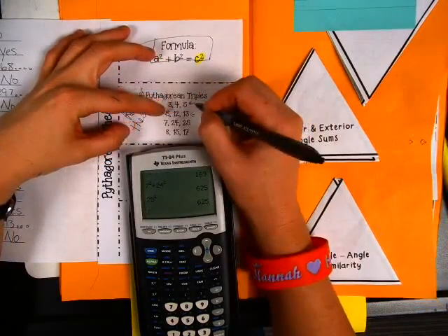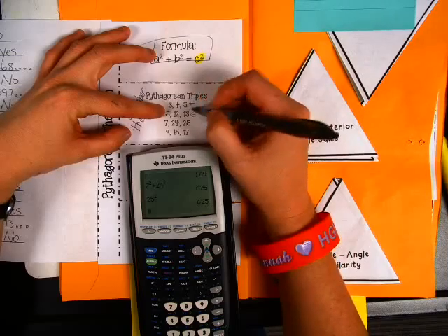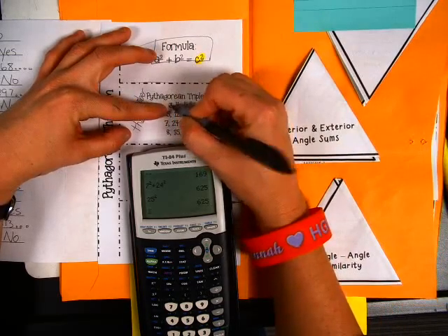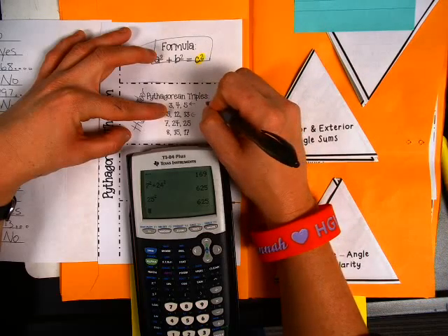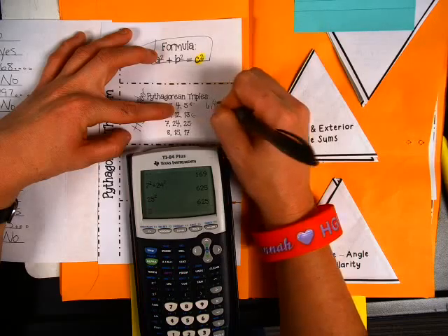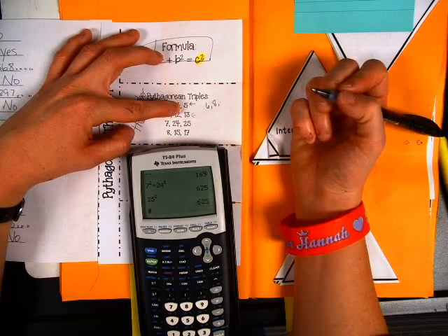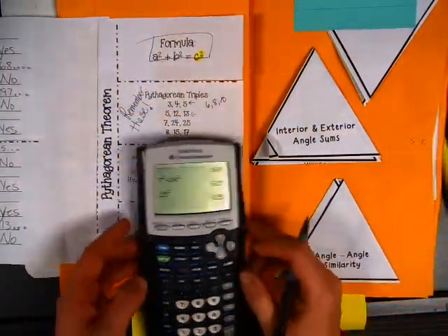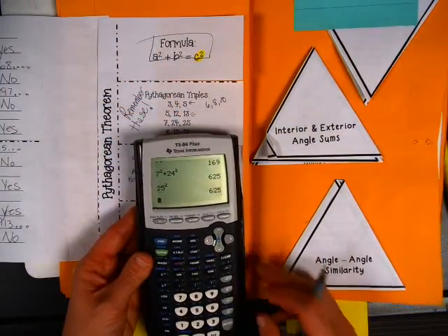You can also do multiples of these. So if I were to multiply each one of these by 2, like 3 times 2 is 6, and then 4 times 2 is 8, and 5 times 2 is 10, that's also a Pythagorean triple. Like that also works out.